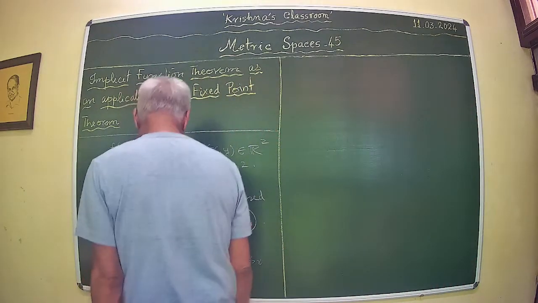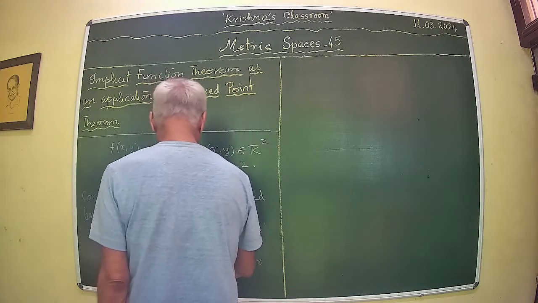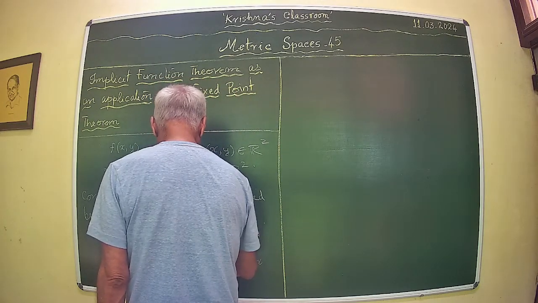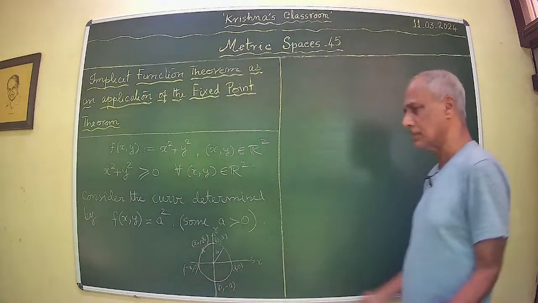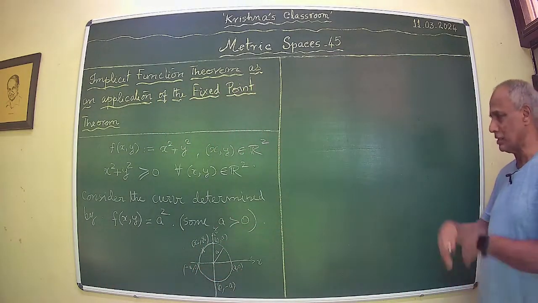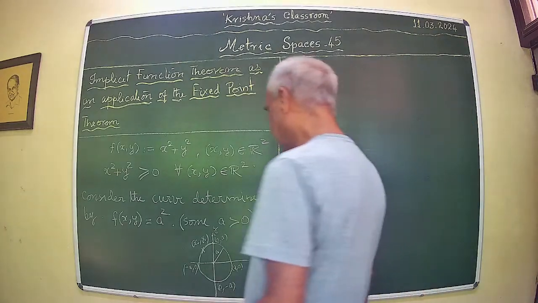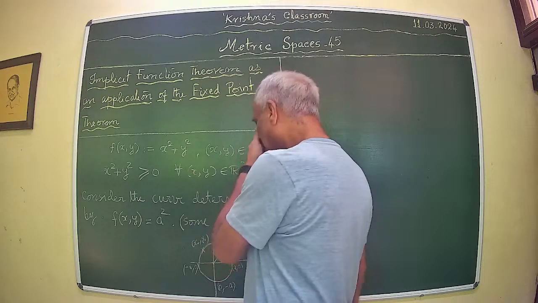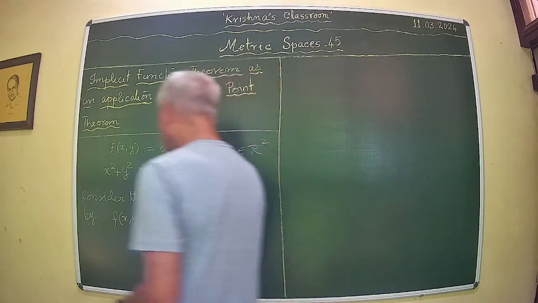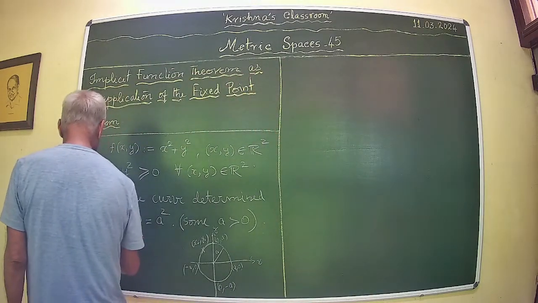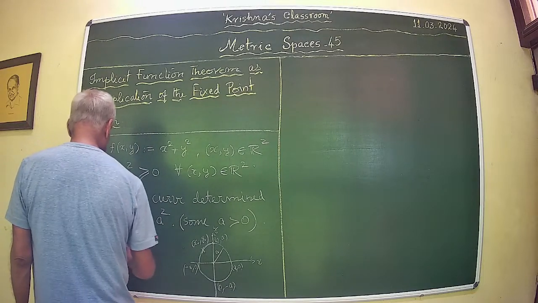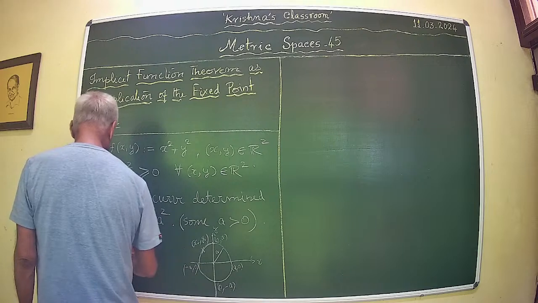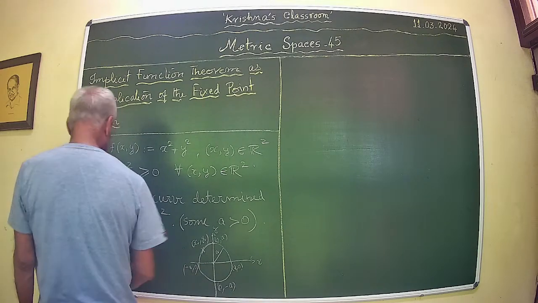Now the question is the following. Suppose you take a point x0. Now you see that this as such is not expressed as a function, because if you solve it, what you get would be y square equal to a square minus x square.